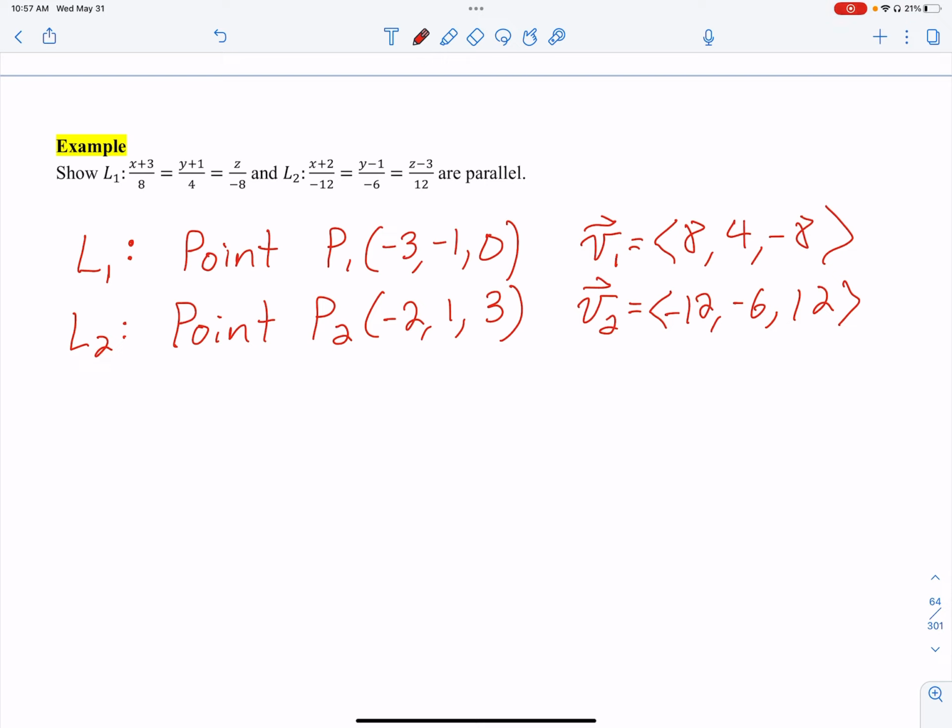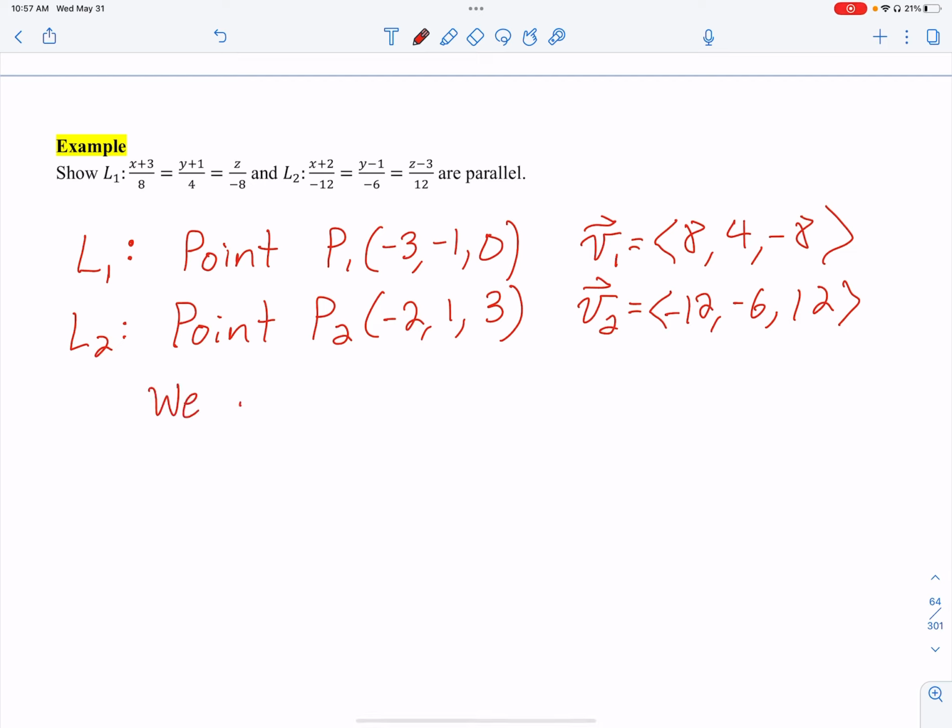If we can find a multiple for our vectors, remember, if we can show the vectors that describe the growth are parallel, then we have shown that the lines are parallel. As long as the vectors are parallel, the lines are parallel, since the vectors describe the growth or the slope of the line. So remember, for parallel vectors, what we're looking for is some c.